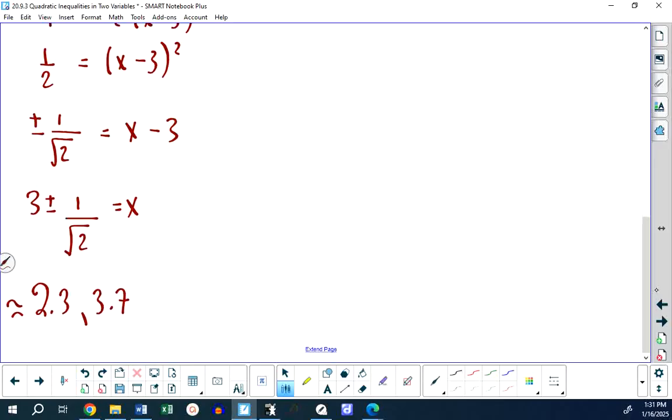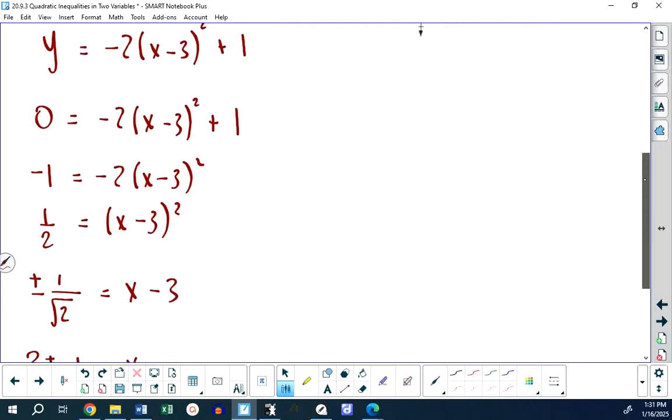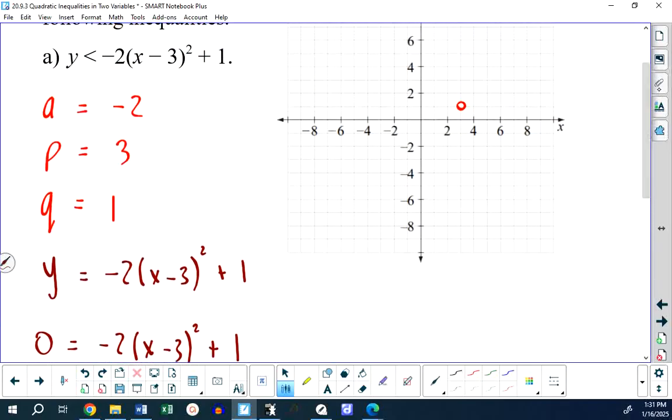It's about 2.3 and 3.7, I believe. We're okay with that? Okay. So it turns out what I drew initially is pretty close to what it should be. 2.3, it's a pretty narrow parabola. 2.3 is about here. 3.7 is about here.